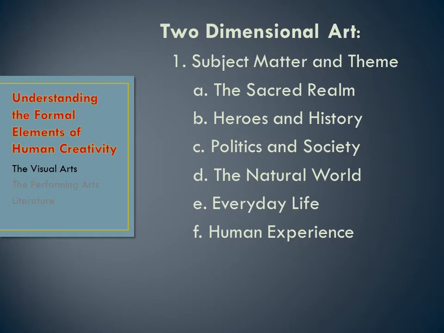In American history, those would be things and people like George Washington, Abraham Lincoln, the Battle of Gettysburg, perhaps paintings or drawings that depict the western migration of European Americans from the eastern United States into the West, depictions of Native Americans and how life changed for them over time. A third area of subject matter is politics and society. Very often artists will use images to communicate messages about what is going on politically and socially.